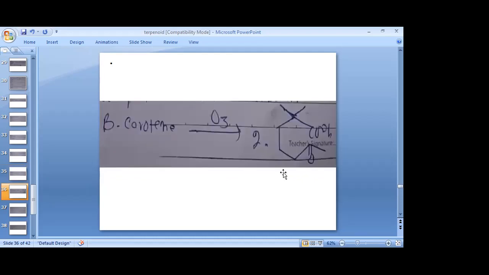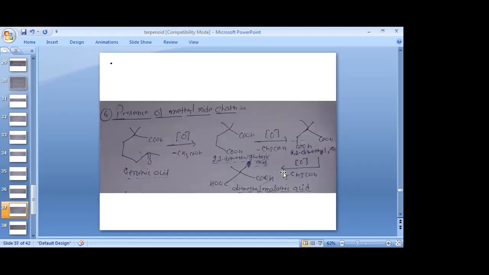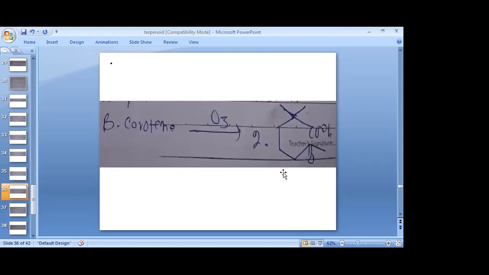After that, when you oxidize beta carotene with ozone, it converts into two molecules of geronic acid, right? So beta carotene, after oxidation in the presence of ozone, converts into geronic acid.